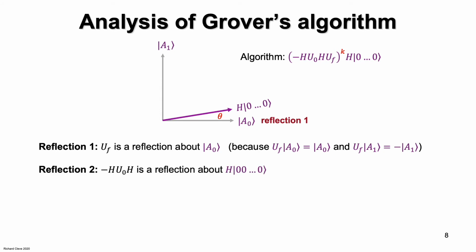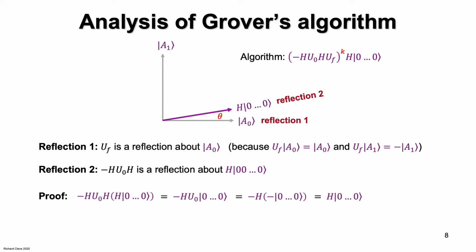The second reflection is minus H U0 H. This is a reflection about the line passing through the vector h of 0. To see this requires a bit more analysis. Here's a proof.